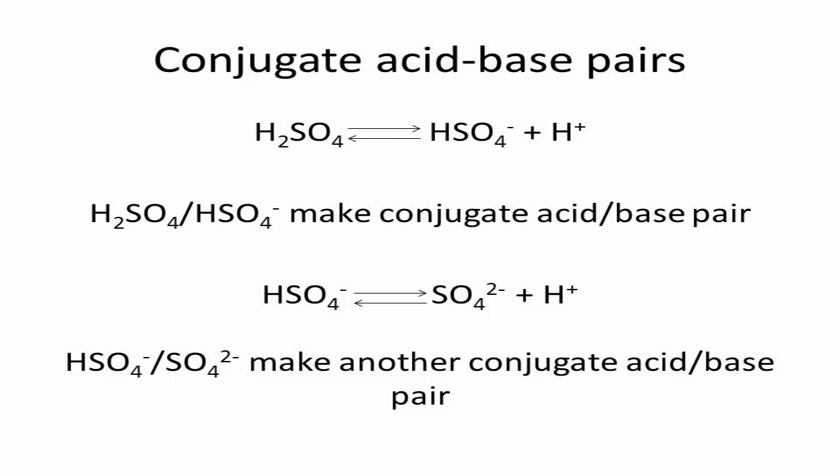Sulfuric acid giving a proton makes the HSO4 minus ion, and also this ion accepting a proton can make sulfuric acid. So this pair is called a conjugate acid-base pair. Here we also see another example of such a pair.